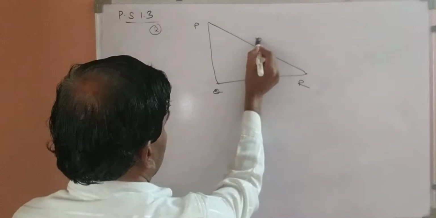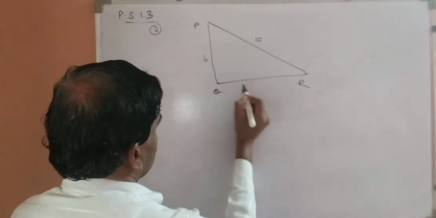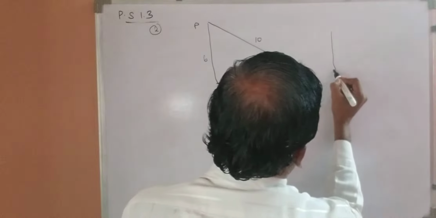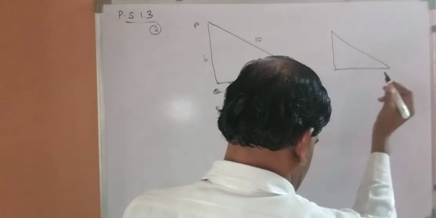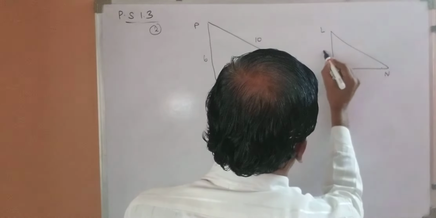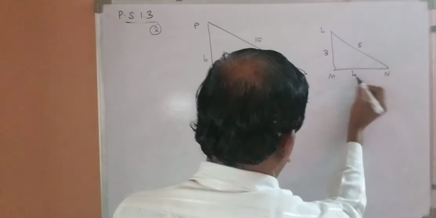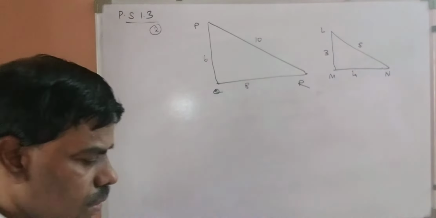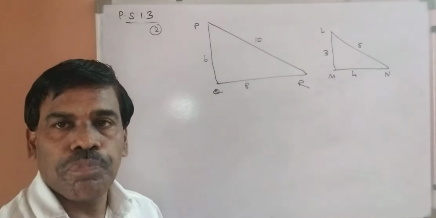PQR, this is 10, 6, 8, and the smaller one LMN, 3, 5 and 4. Now look at this.